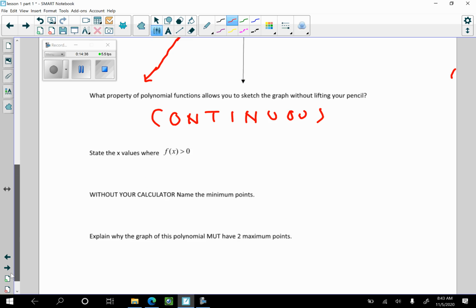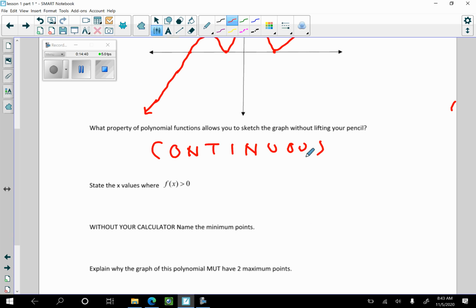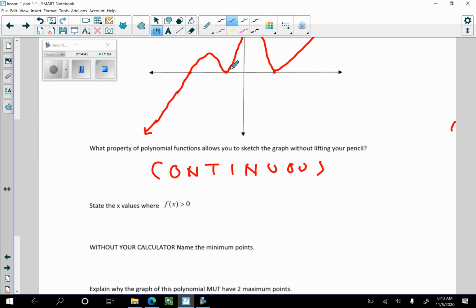But I think that, without your calculator, could you name the minimum points? Believe you me, we can be very creative with a problem like this that you can't use your calculator. So let's talk about this.